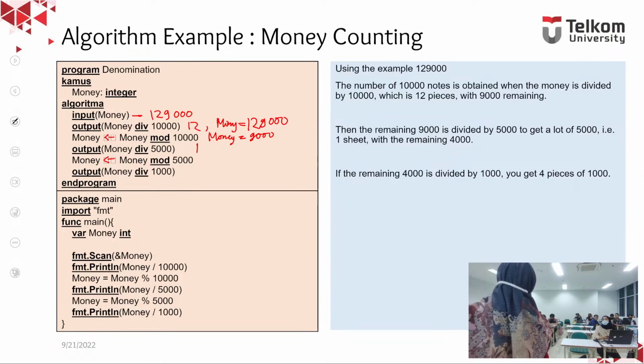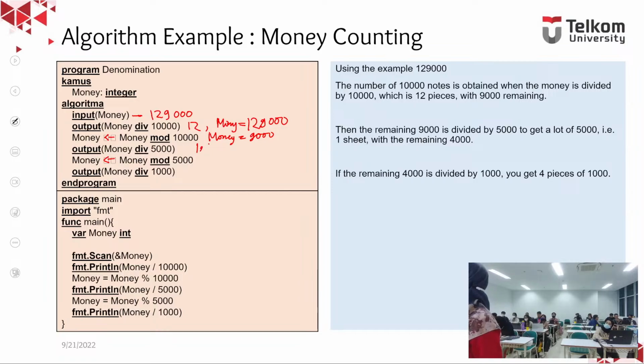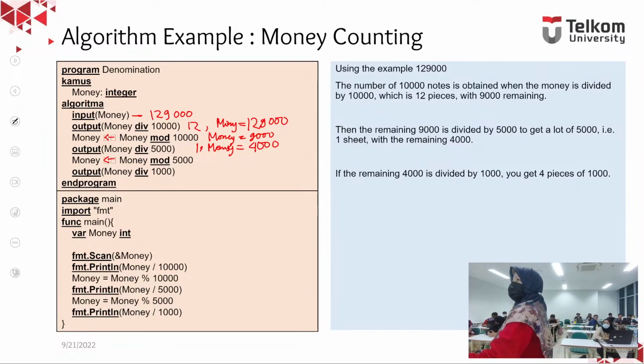What is the value of the money variable? It is still the same, 9,000. Next line, the money value will be updated to money mod 5,000, the remainder from the operation.